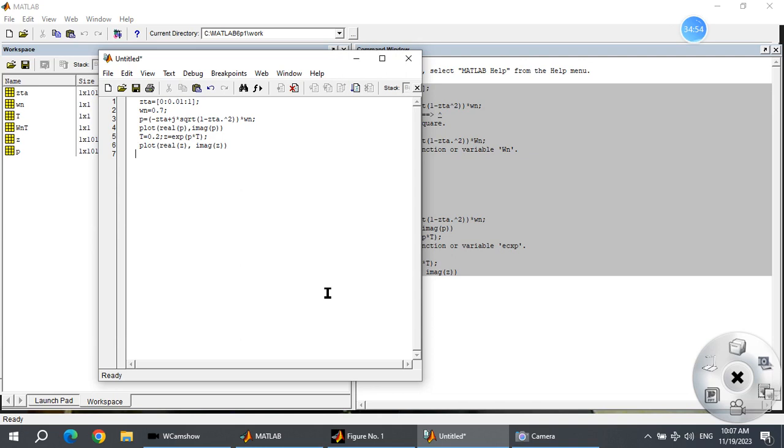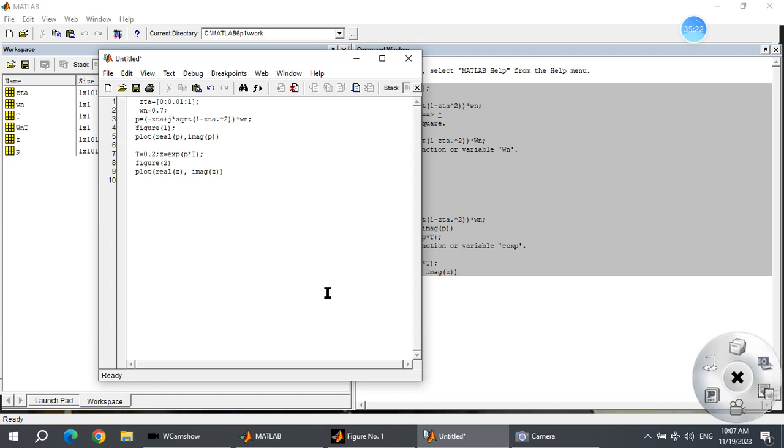So this is figure 1, and this is figure 2. So now we can see what happened in 2 domains, right? Figure 1 is for the S domain, and figure 2 is Z domain.